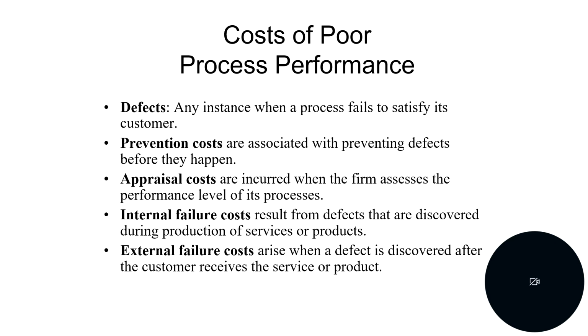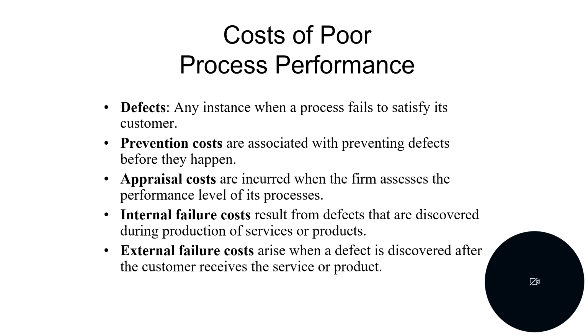performance. So this would include certain things such as prevention, which is proactive investments, appraisal, which is inspection, internal failure costs are defects caught before the customer, and external failure costs. This is the most damaging kind, and those are defects that are found by the customer. So prevention cost is going to be staff training. So that's our proactive investment. We're making sure that our staff are trained properly to create whatever we're making the best they can.